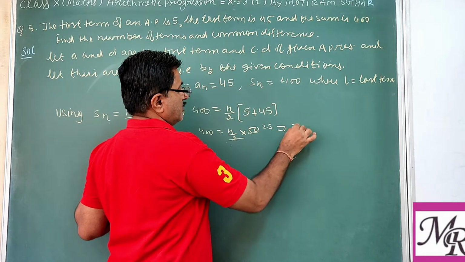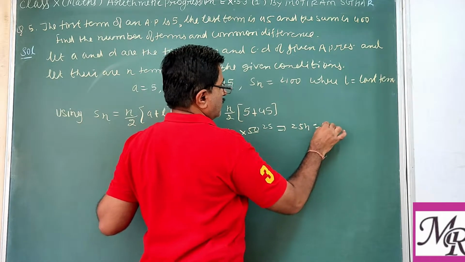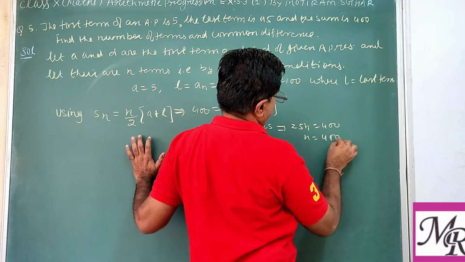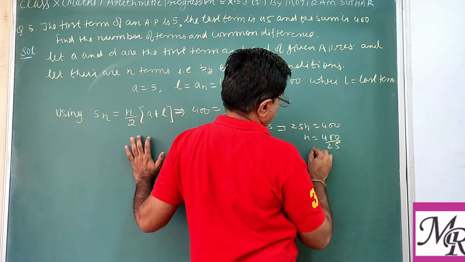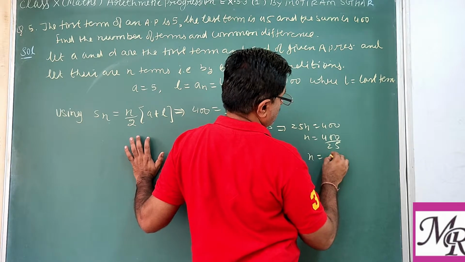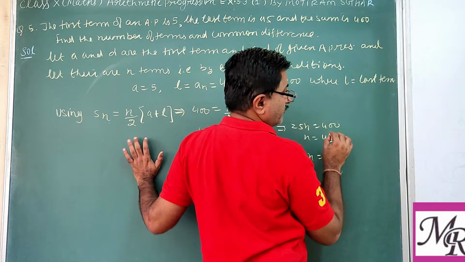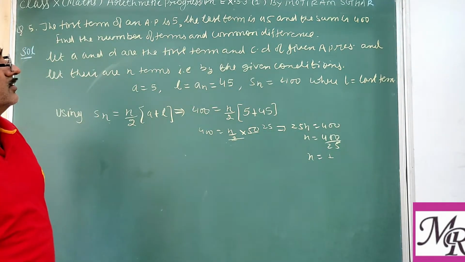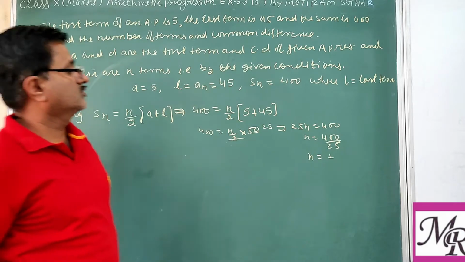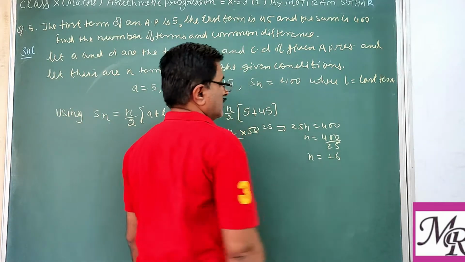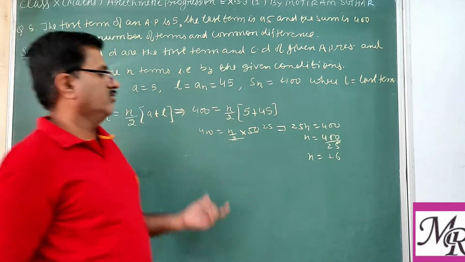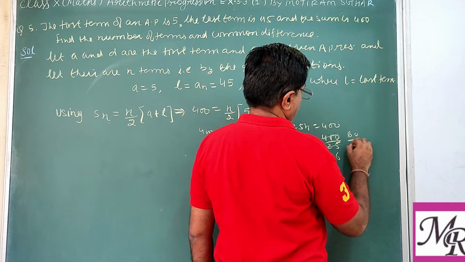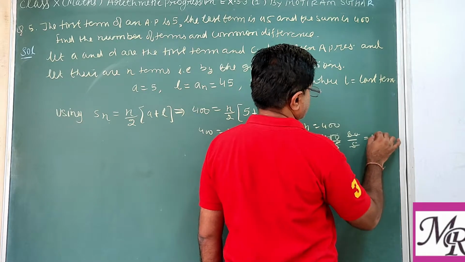So we get 25n equals 400, so n equals 400 by 25. Divide this by 25, or you may divide by 5 also, like 80 by 5, and 80 by 5 is 16.